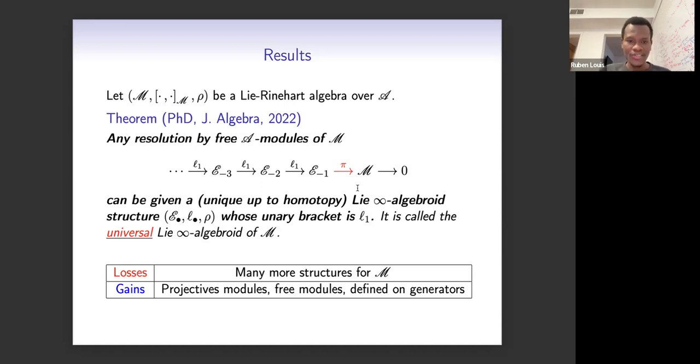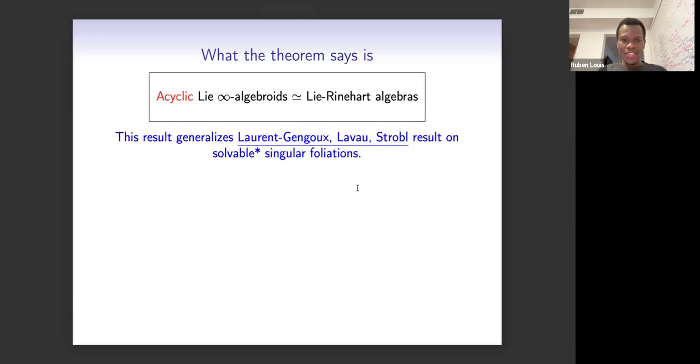So what the theorem really says is that acyclic infinity algebras are the same as Lie-Rinehart algebras. Acyclic means you have infinity algebras whose complex is a resolution, it is exact, there's no cohomology. So those Lie-Rinehart algebras are in one-to-one correspondence, or equivalent in the categorical sense, with the acyclic infinity algebras.